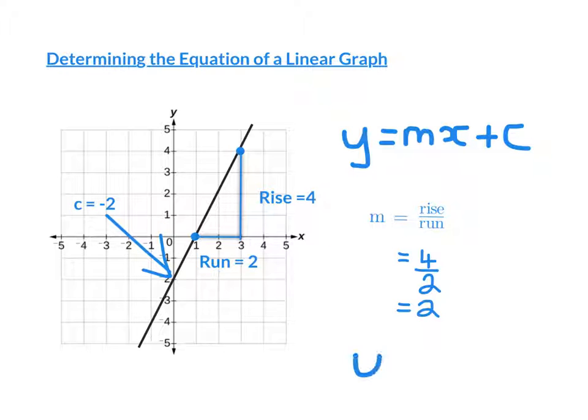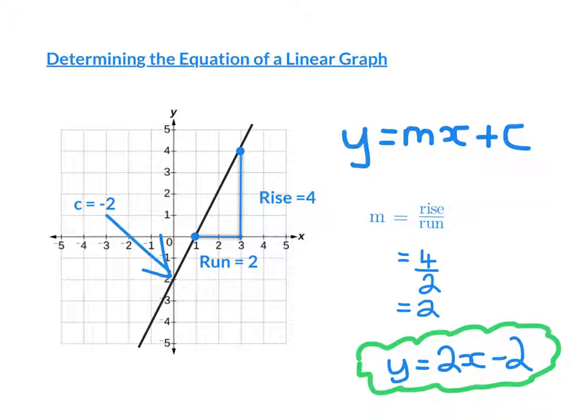Our value of m, we've just worked out as 2, so we've got y equals 2x plus our value of c, which is -2. If we're adding a negative, it's just like subtracting, so we can just say y equals 2x minus 2. And that is our solution.